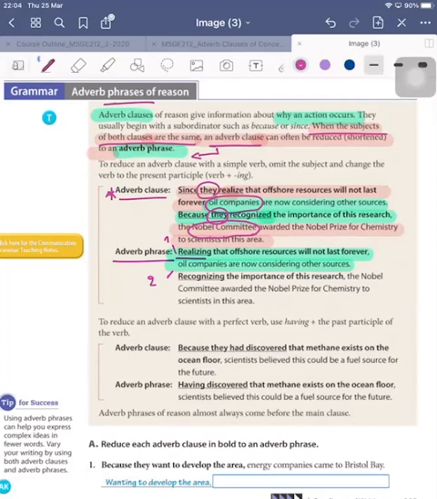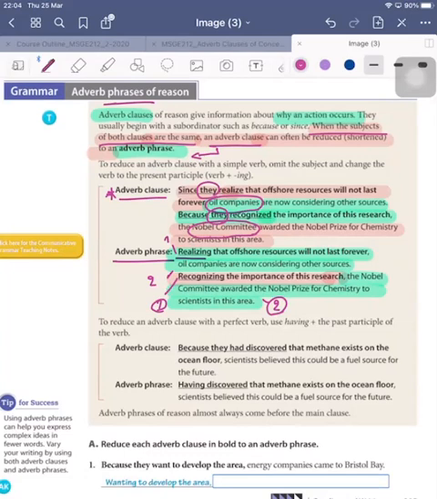Because they recognize turns into recognizing the importance of this research. The Nobel Committee awarded the Nobel Prize for Chemistry to scientists in this area. Basically, the second part of the sentence stays the same, right? Okay, so what changes is just the first part of it. That's the reason, okay? Adverb phrases of reason. So you're changing adverb clauses of reason to adverb phrases of reason. That's all. That's the bottom line of this grammar, okay?